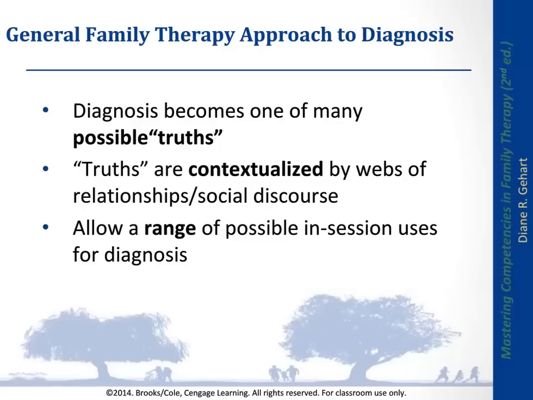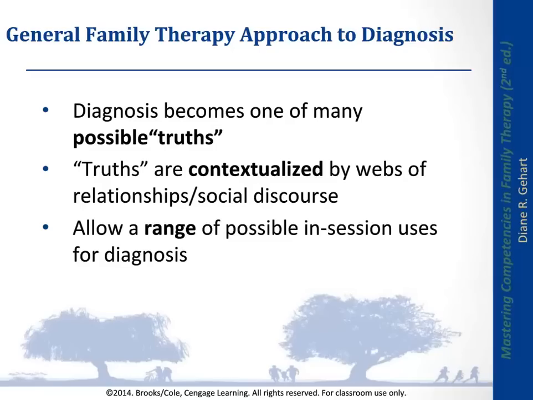There are times I've worked with clients, most notably with post-traumatic stress disorder, where a lot of clients find that a liberating diagnosis, to know that, oh, I'm not totally insane and crazy. When you look at the prognosis for PTSD, it's actually much better than most people would think, given how severe the symptoms can be. So some people do find diagnosis liberating. So see diagnosis as a voice in the conversation rather than a dictator of the therapy process.